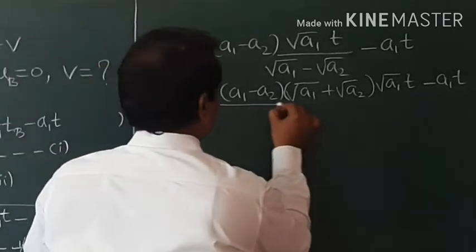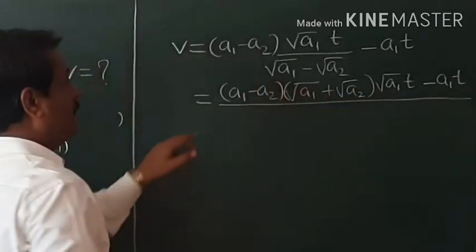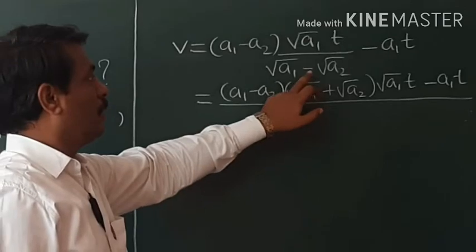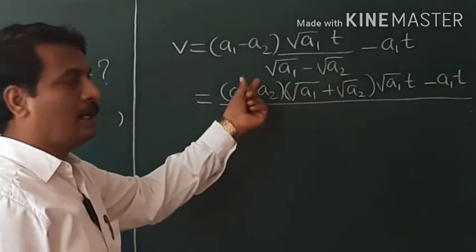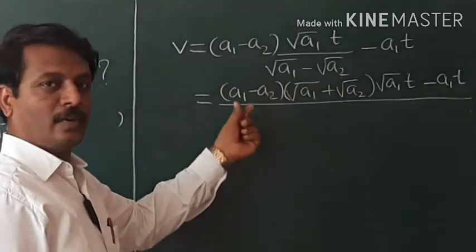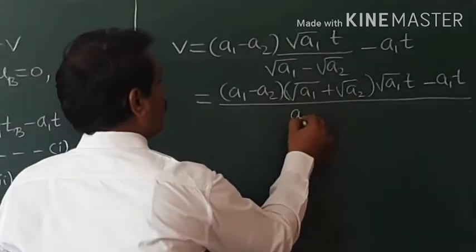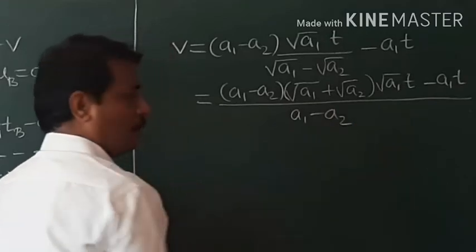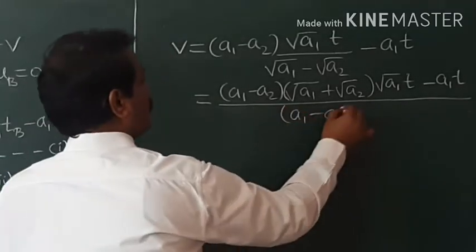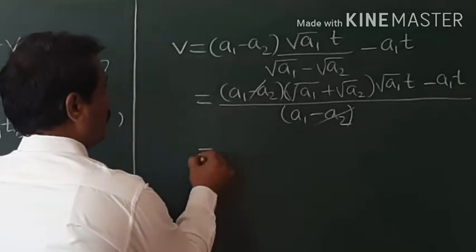In the denominator, root a1 square minus root a2 square becomes a1 minus a2. Now this a1 minus a2 gets cancelled.